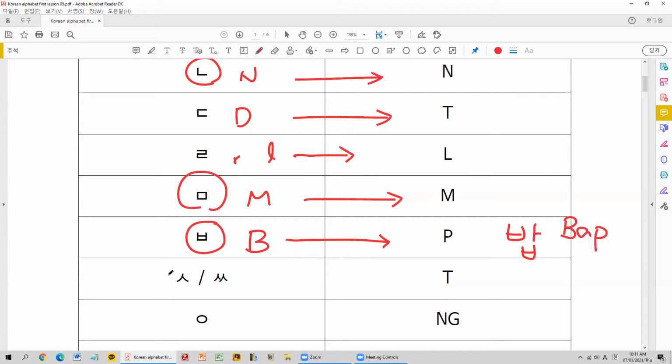And then this one is usually S, and this is usually SS, but they change to a T sound. So if I write like this, it's at.